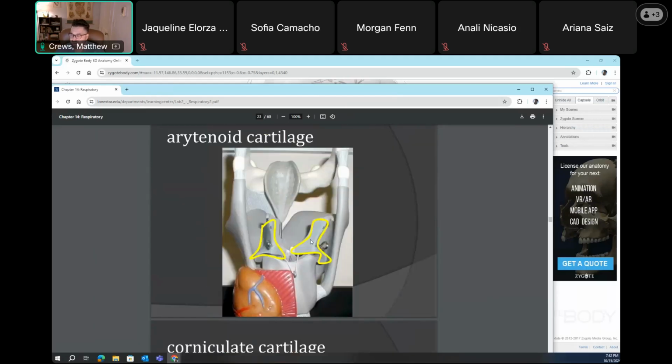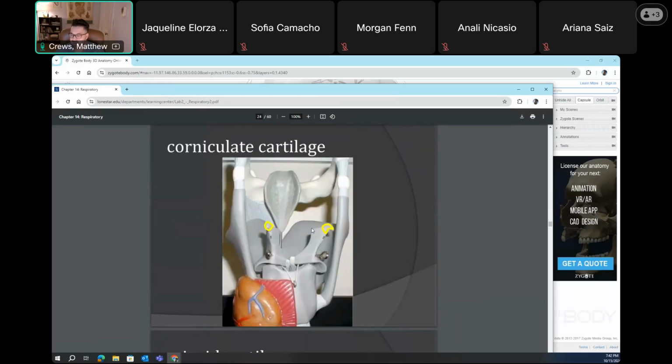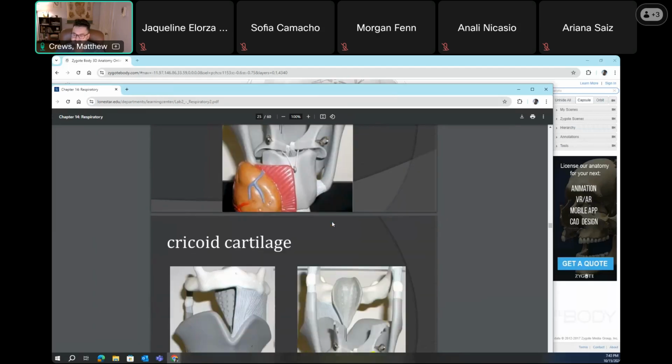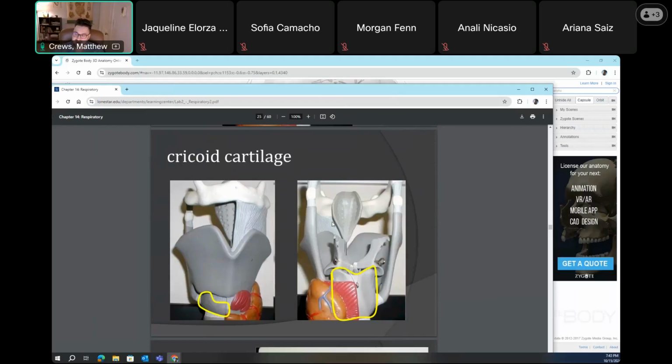And those are these big horn-shaped looking things on the posterior side. Now, those terminate in the corniculate cartilage. So there's thyroid cartilage, arytenoid cartilage, corniculate cartilage. There's a couple more, but those are the main ones for that area.